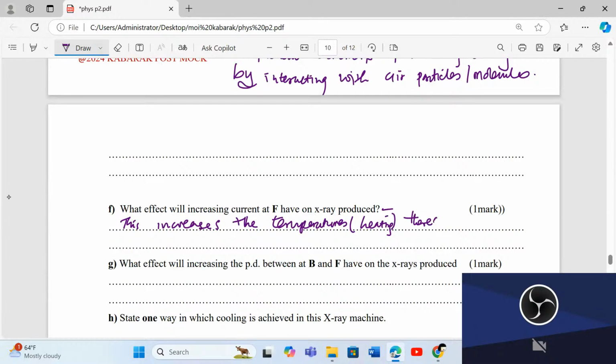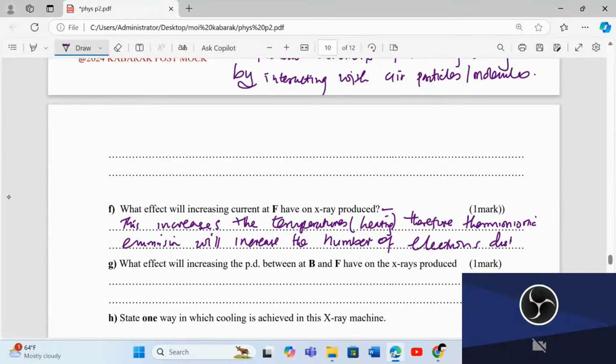Therefore, the thermionic emission, don't bother about the spelling there, will increase.